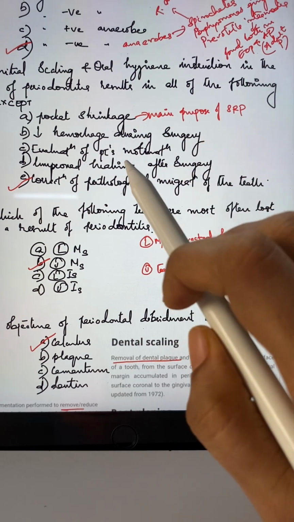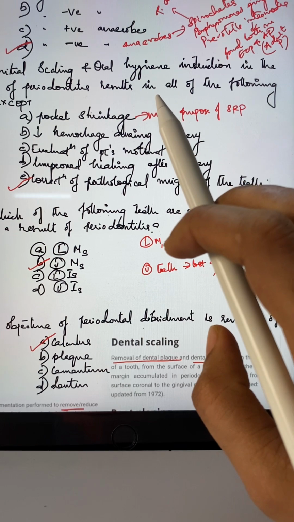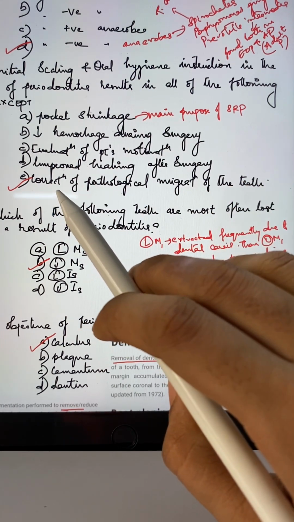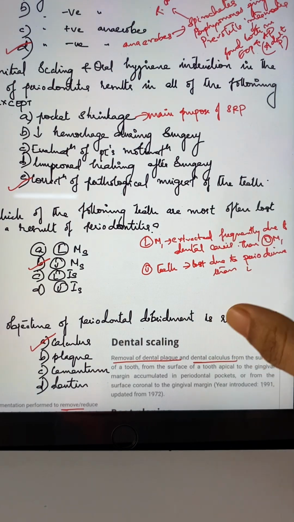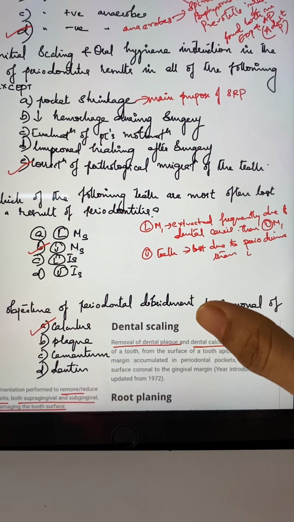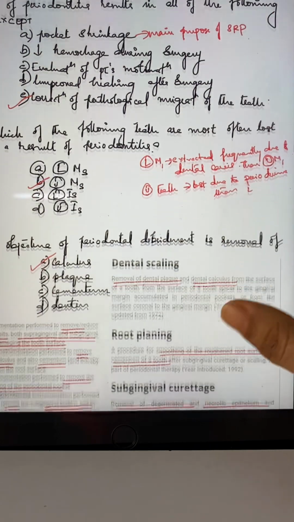These all can happen when we do scaling and oral hygiene instruction. But the correction of pathological migration of teeth cannot happen due to these initial treatments, because once the pathological migration has happened already, we cannot correct that.